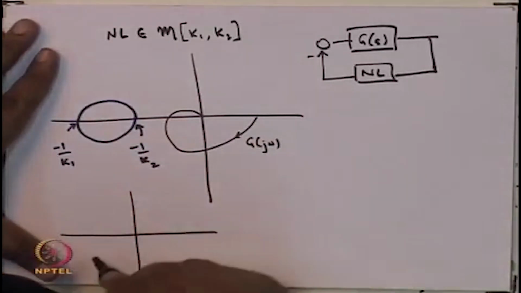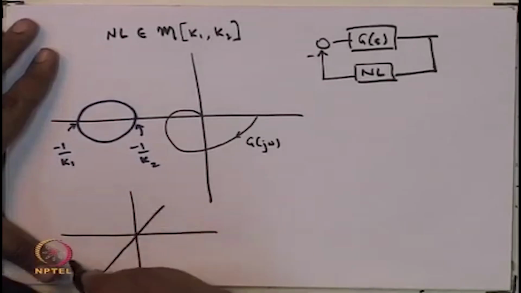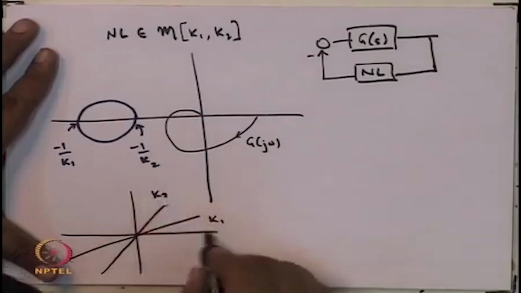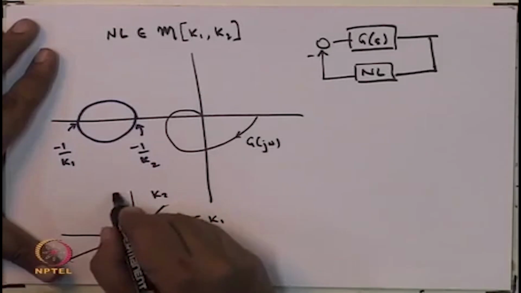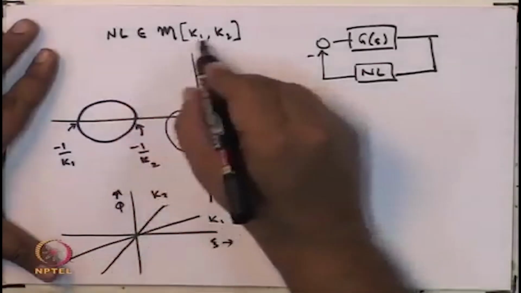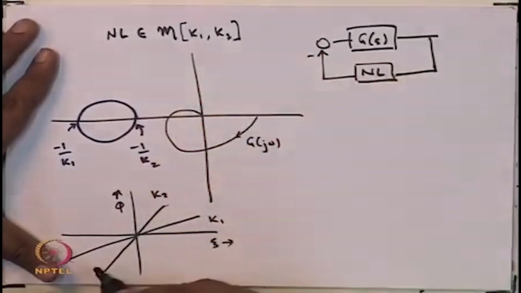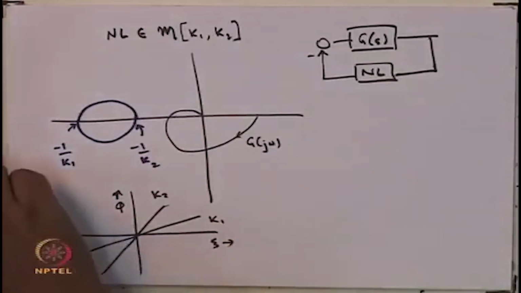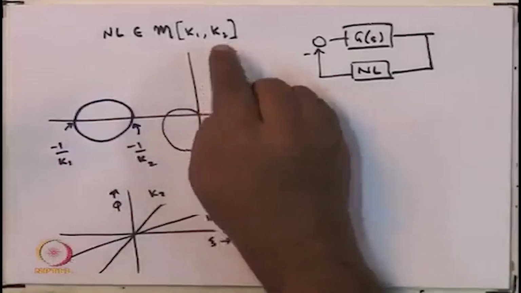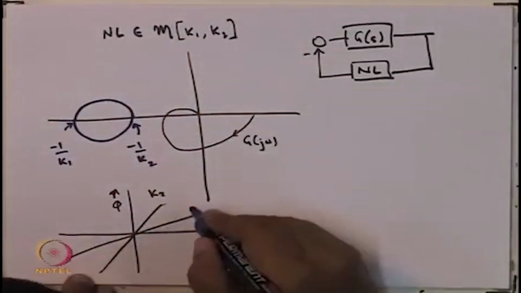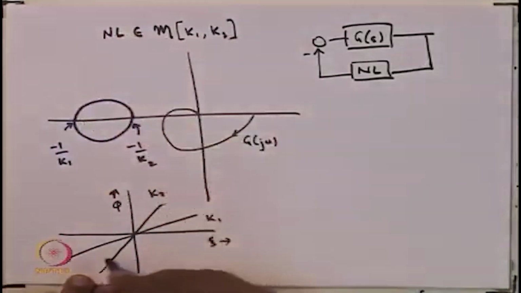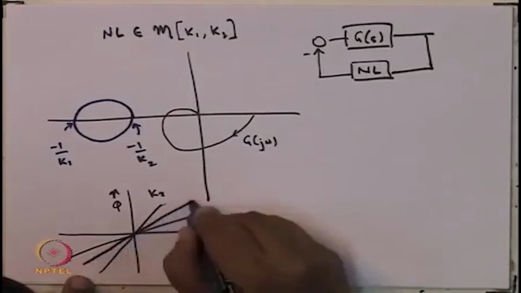Well, this is also clear. This is a line with slope K1, this is a line with slope K2, this being the input to the nonlinearity, this being the output. So, what we mean when we say the nonlinearity is lying in the K1, K2 sector is that the nonlinearity is something like this. Now, instead of thinking of a nonlinearity, let us think of a linear element that lies in the sector. So, let us say something like this.